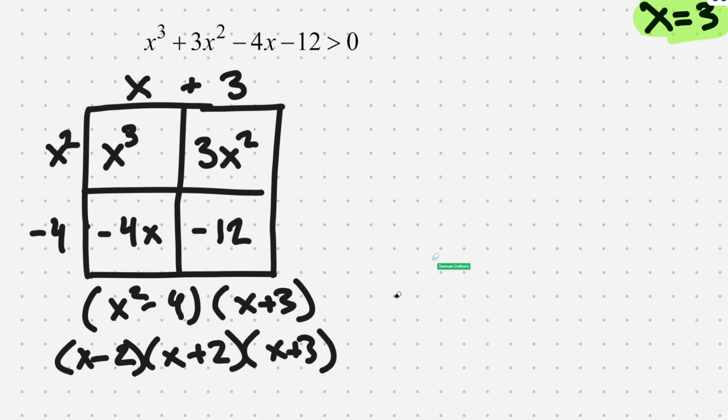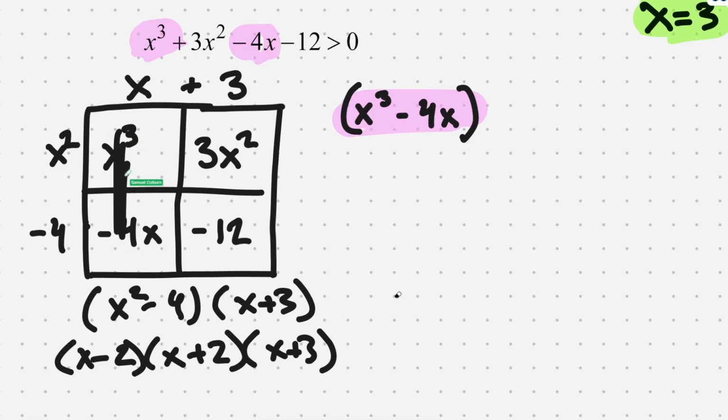So I'm going to take the first term and the third term and write them next to each other. Notice in the area model, these two terms appear here and here.